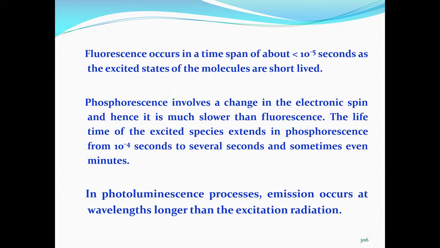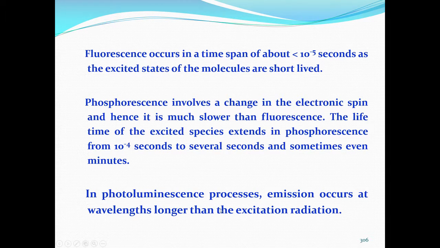It may extend even up to a few minutes. Phosphorescence involves a change in the electronic spin, so it has to be much slower than fluorescence. The lifetime of the excited species in phosphorescence extends from 10⁻⁴ seconds to several seconds, sometimes even minutes. So, this is the main difference between fluorescence and phosphorescence phenomena.